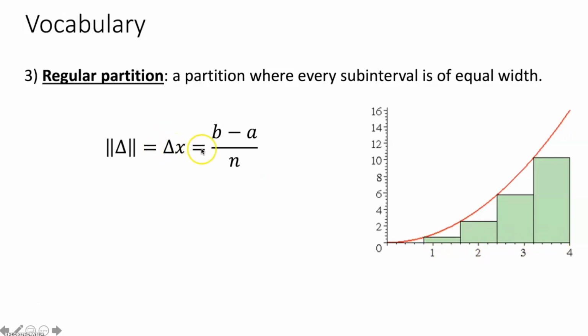It was delta x, and we found that by using b minus a over n. Because the base of each rectangle is the same exact measure, they were all equal to delta x, that means the width of each subinterval in this given partition is the exact same, meaning that our norm could have been the width of any of the given subintervals in this given partition. When this occurs, we call it a regular partition.